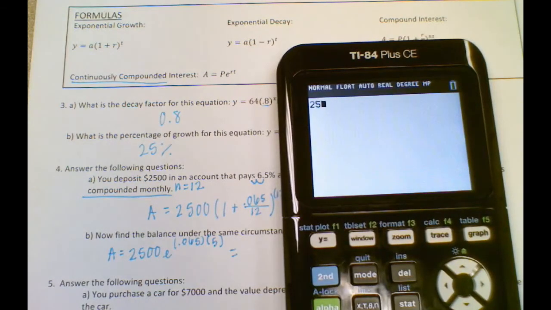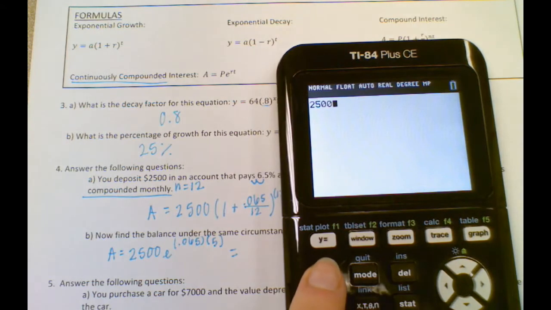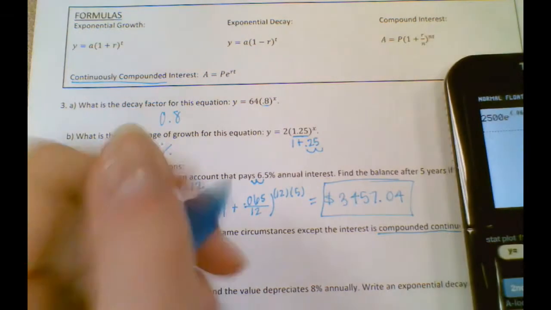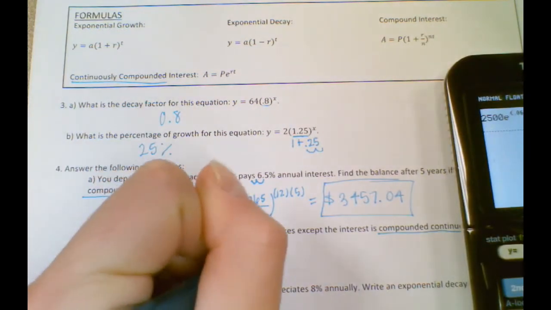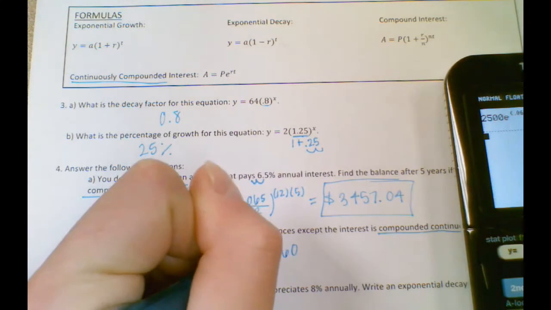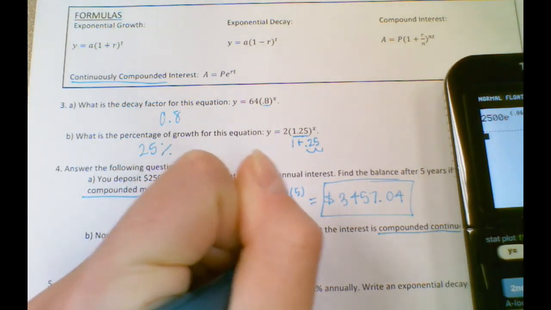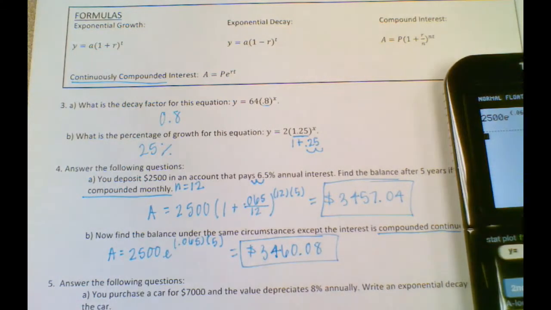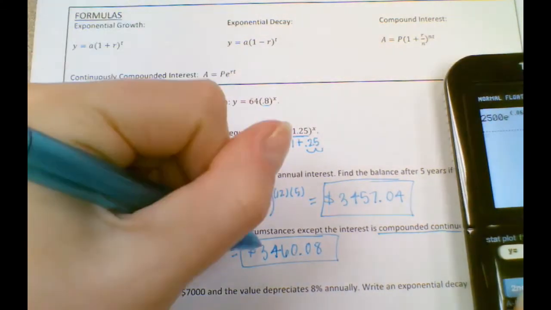So 2500, second ln, 0.065 times 5. So we got $3,460.08. Remember, round to 2 decimal places. We're dealing with money.